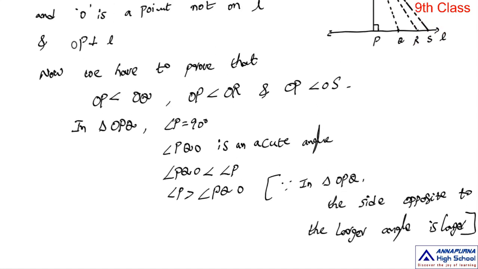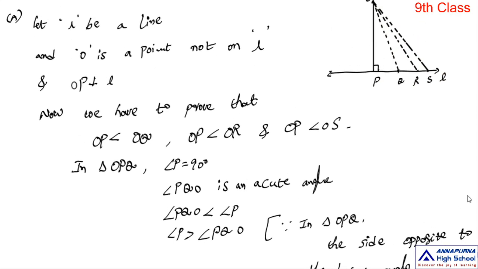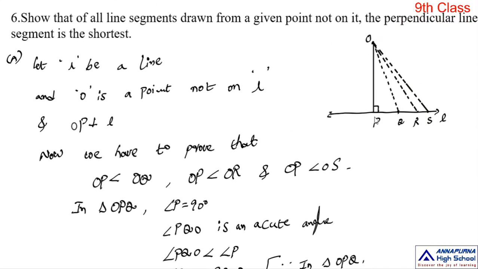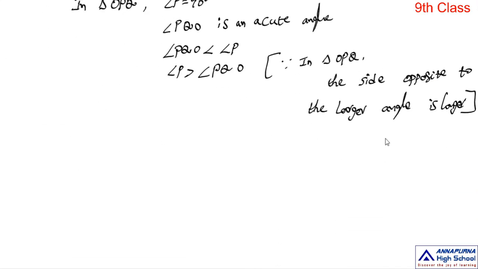The side opposite to the larger angle P is OQ. Next, the side opposite to the smaller angle PQO is OP.